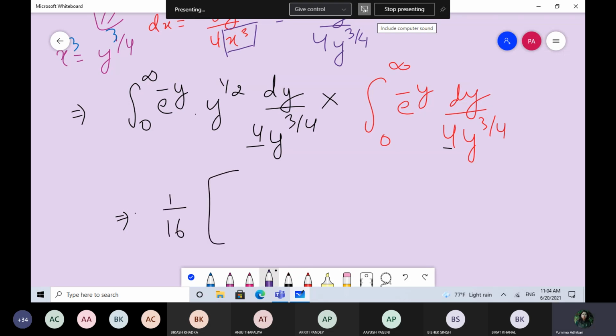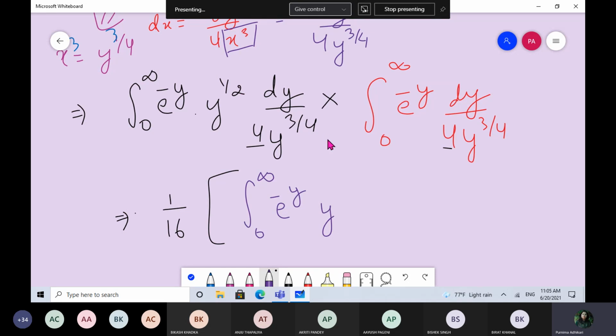And your integrals will be, first integral 0 to infinity e to the power minus y, y to the power, what will be the power of y? 1 by 2 minus 3 by 4.